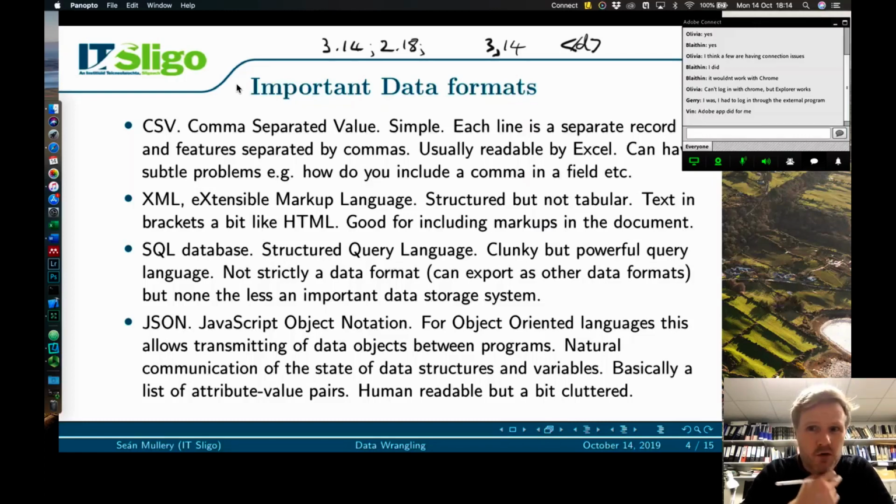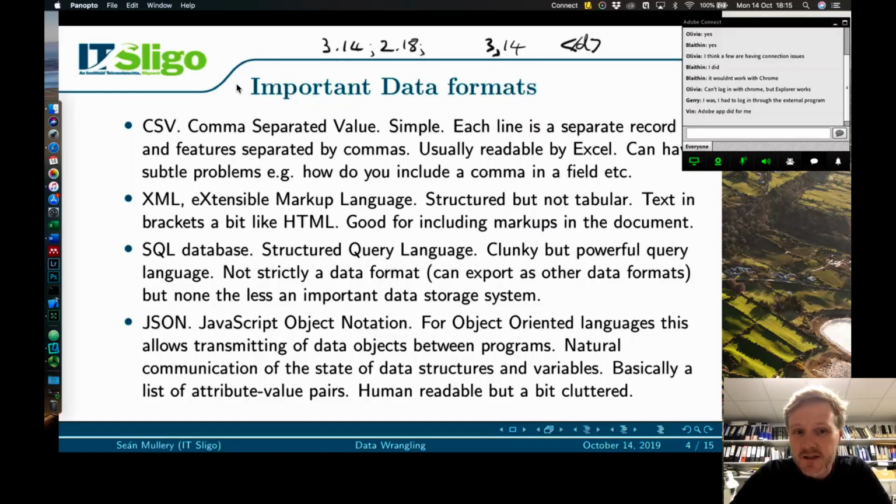Most people have had exposure to it at some point or other, and there's lots of different libraries or APIs for different languages to allow you to interrogate a database from any programming language using SQL. As I say, it's not strictly a data format, but because it can export as other data formats, it's nonetheless an important data storage system and retrieval system. So from that point of view, we wanted to mention it here.